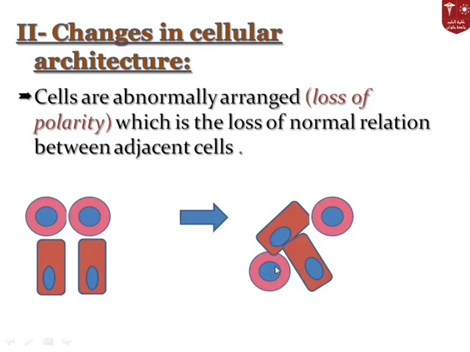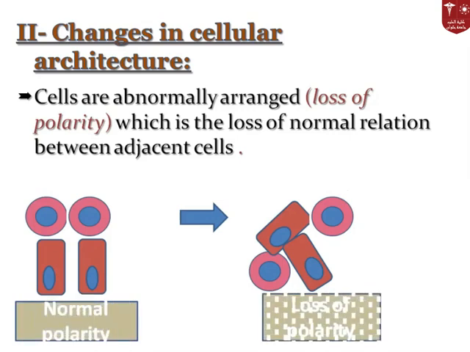They arrange in a haphazard manner, without organization. So we don't see the normal order of cells. This is called loss of polarity, or architectural change of cells, and this is seen also in malignant behavior. So this is normal polarity, this is loss of polarity.